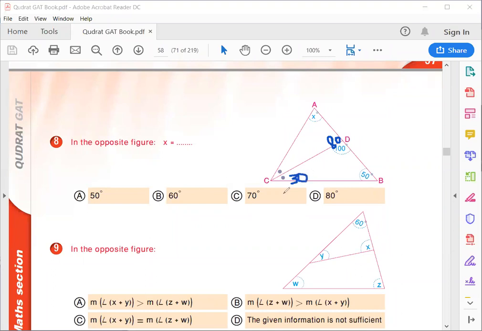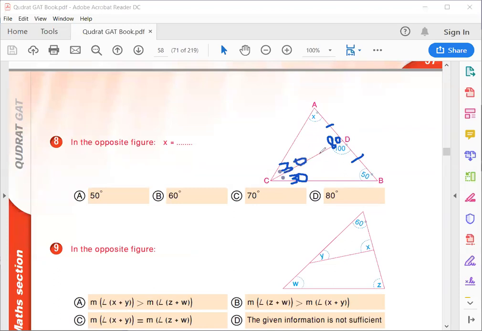So I put 30, because if I have the same angle here, then the lengths are also the same, right? Okay, this now 180, so here 30.